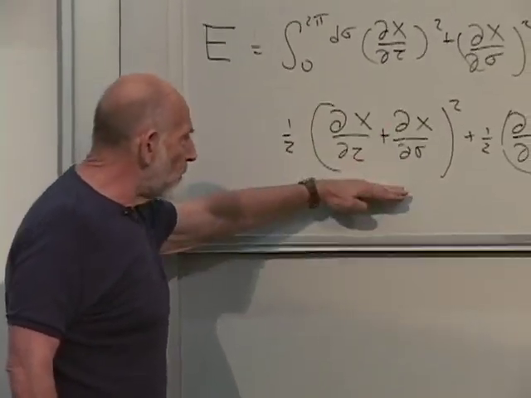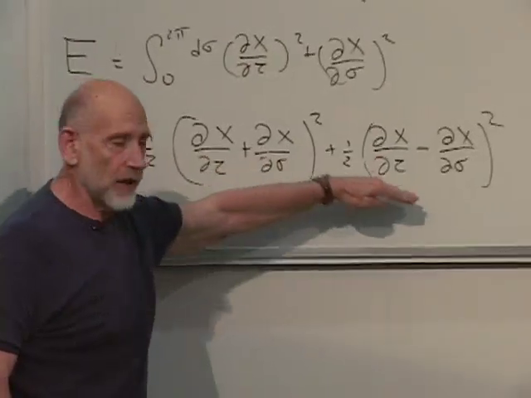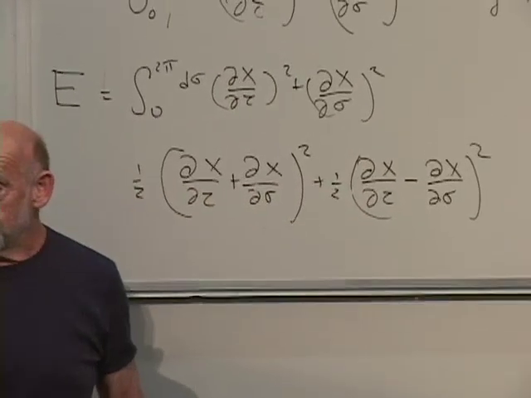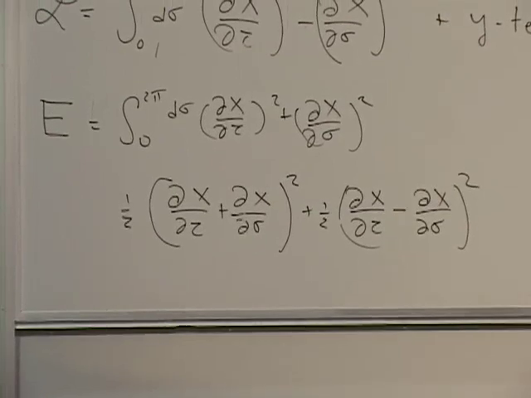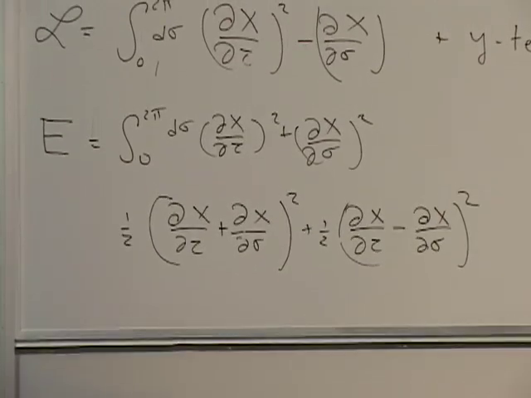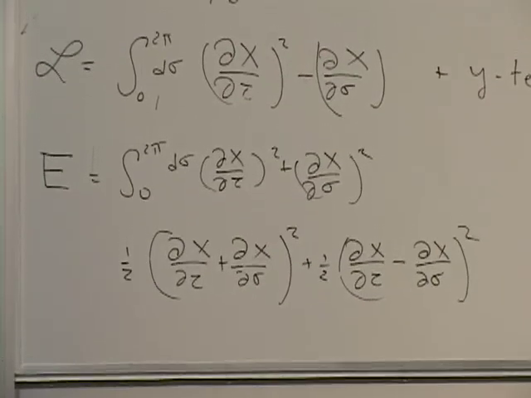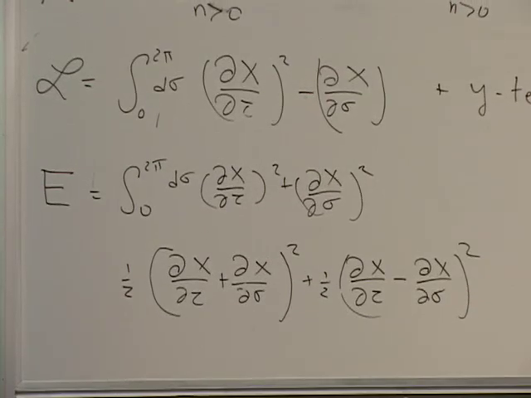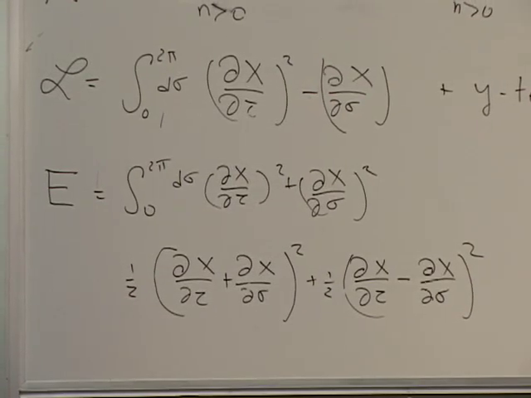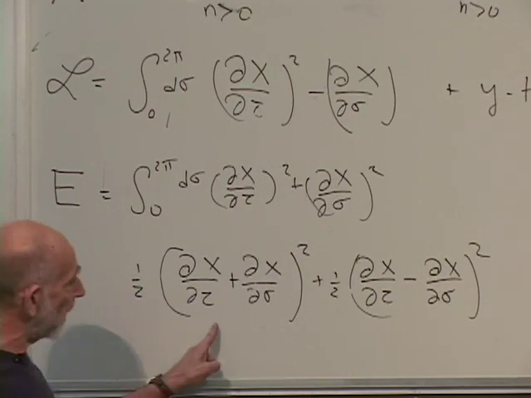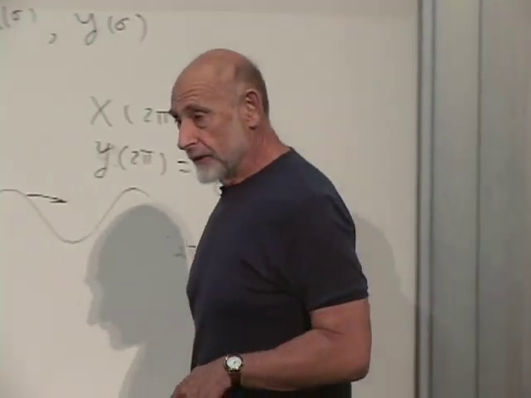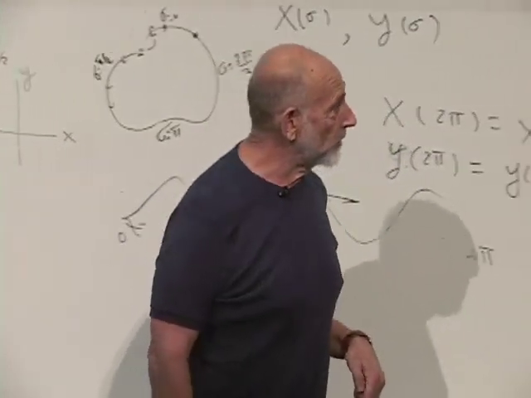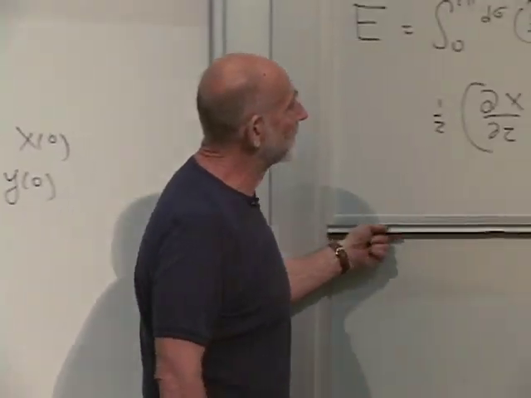I think this is left-moving waves, and this is the energy stored in right-moving waves. The right-moving waves and the left-moving waves are transparent to each other. They just go right through each other. These are linear equations of motion. And this is just writing the energy as the sum of left-moving waves and right-moving waves on the string. This will turn out to be of some interest to us in a little while.